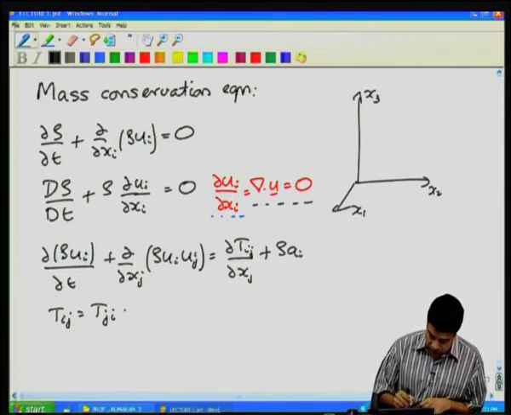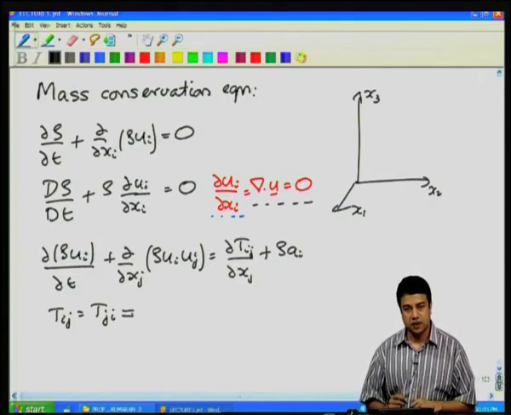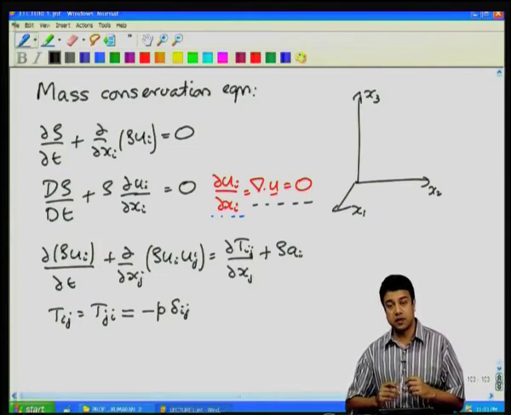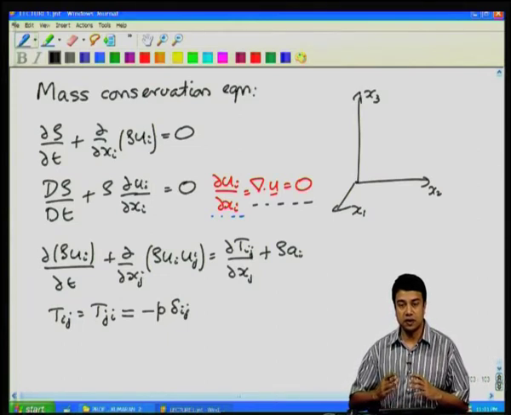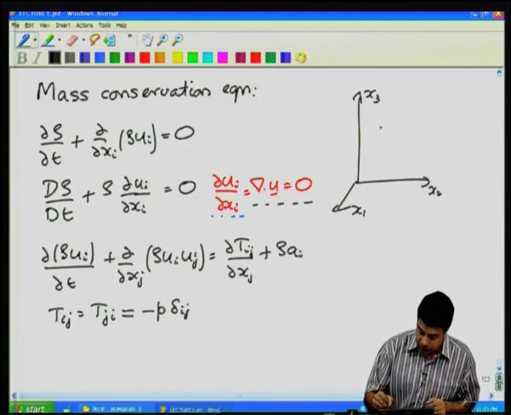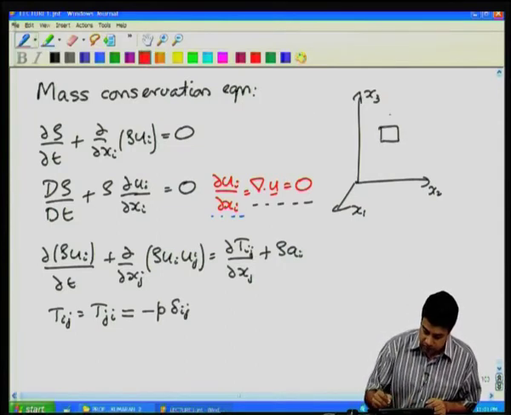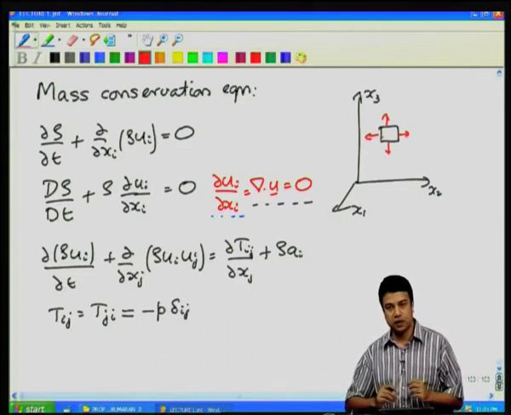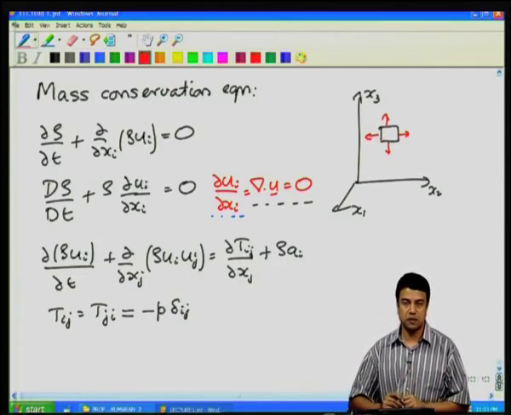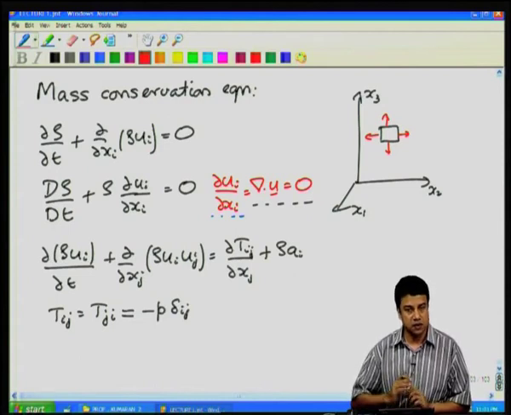So, for a static fluid, the isotropic part is just basically the negative of the pressure, because the isotropic part is basically the force per unit area acting along the outward unit normal for each and every differential volume. The pressure as we classically define it acts along the inward unit normal. Therefore, the isotropic part in the absence of flow is just minus p times delta ij.